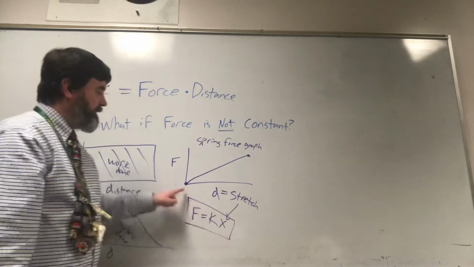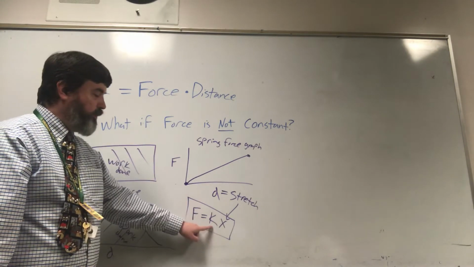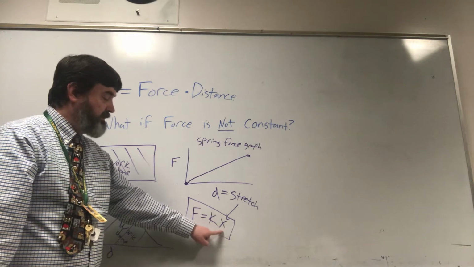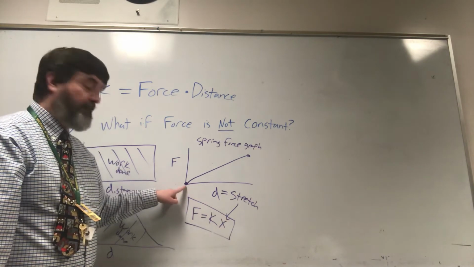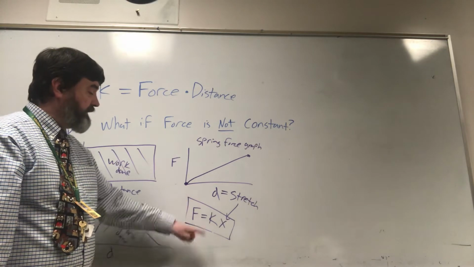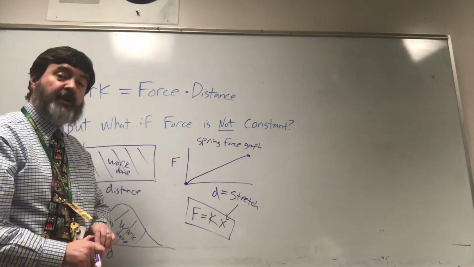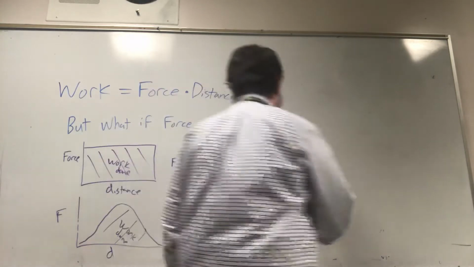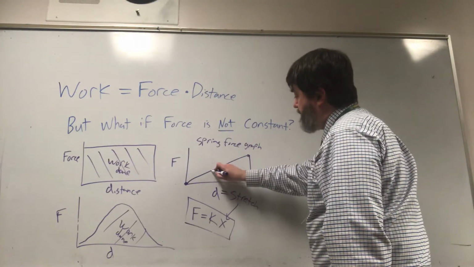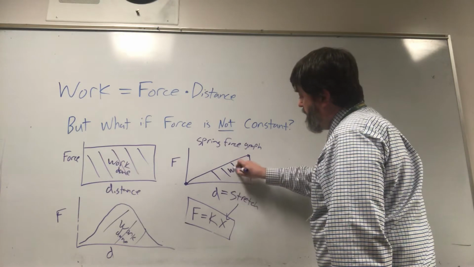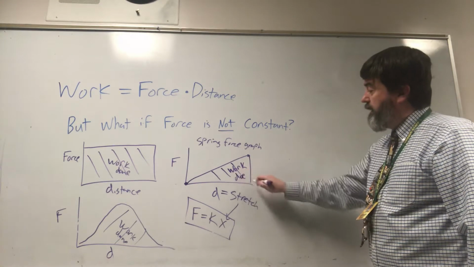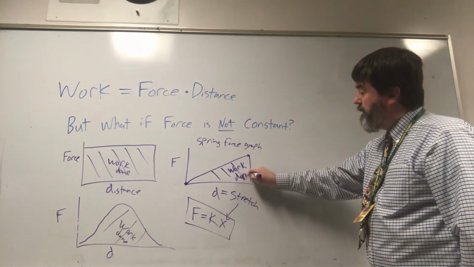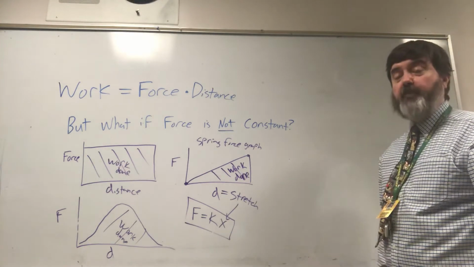Every straight line that goes through the origin has a slope times x plus a y-intercept of 0. So if the force is equal to k times x for springs, then we can say what the area is. The work done has to be equal to the area of that triangle.